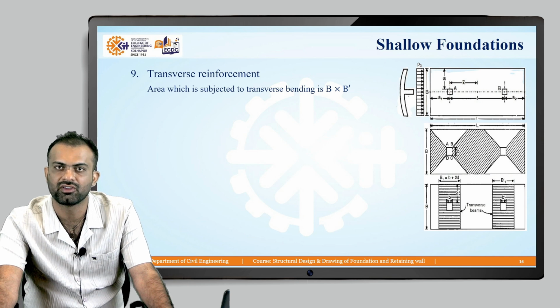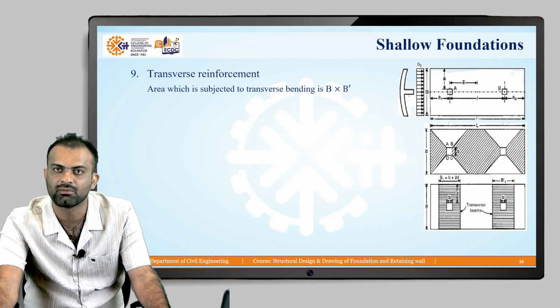So this is the face of the section. I already told you that the face of the section acts as the critical section for transverse bending. Now, can we observe the transverse bending all over the length? No. The transverse bending will be observed in this portion only.